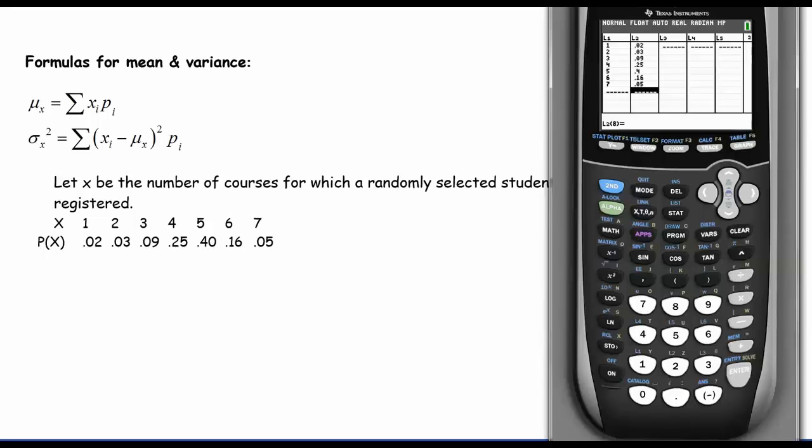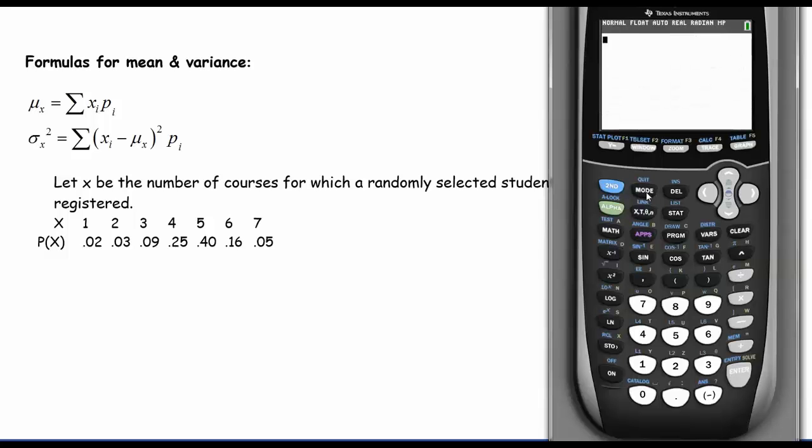From here, to find the mean, the formula says to take the observation times its probability. So for our calculator, I want to take list 1 times list 2. I'm going to arrow over to list 3, go on top, and tell the calculator to take everything in list 1 and multiply it by everything in list 2. That'll give us a number. And then according to the summation symbol, I want to add all of list 3 in.